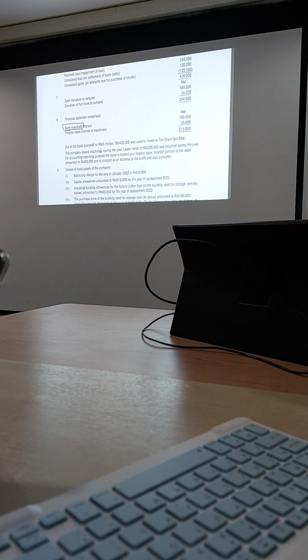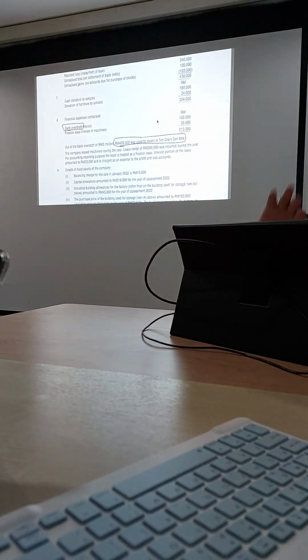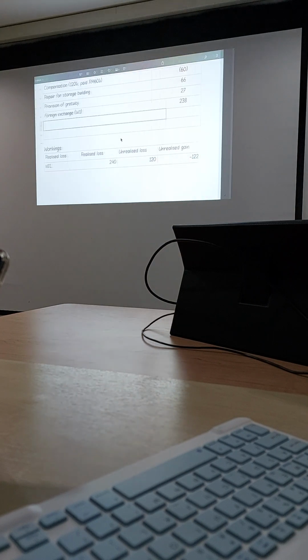400,000. Okay, out of the bank overdraft, 400,000 was to invest in the casino. Below 500, so you do annual. Are you okay in this part now? So 400k is invested out of the 3 million overdraft. So you need to proportion it. Can proportion how?